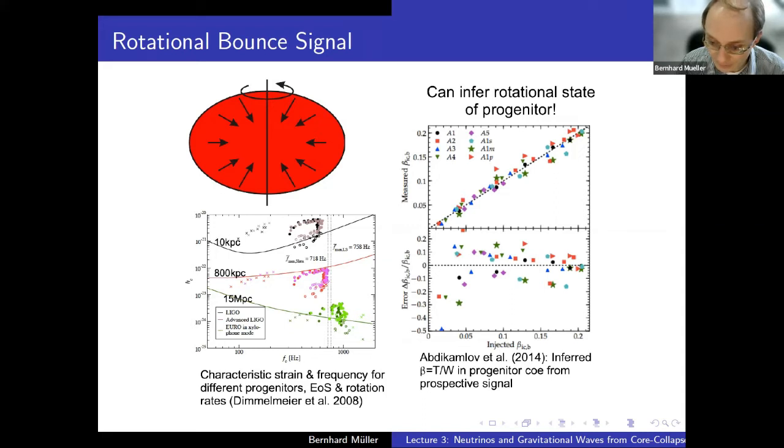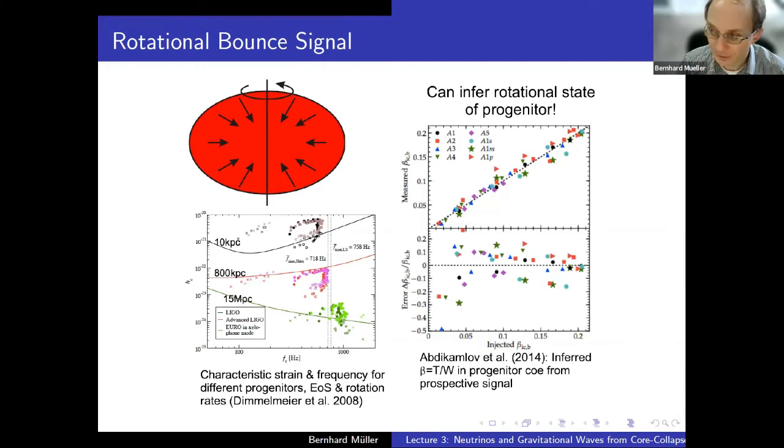And if you use realistic signal pipelines, you can actually reconstruct your beta, the ratio of rotational energy to binding energy in the progenitor core, with rather good accuracy, let's say on the 10% or tens of percent level.